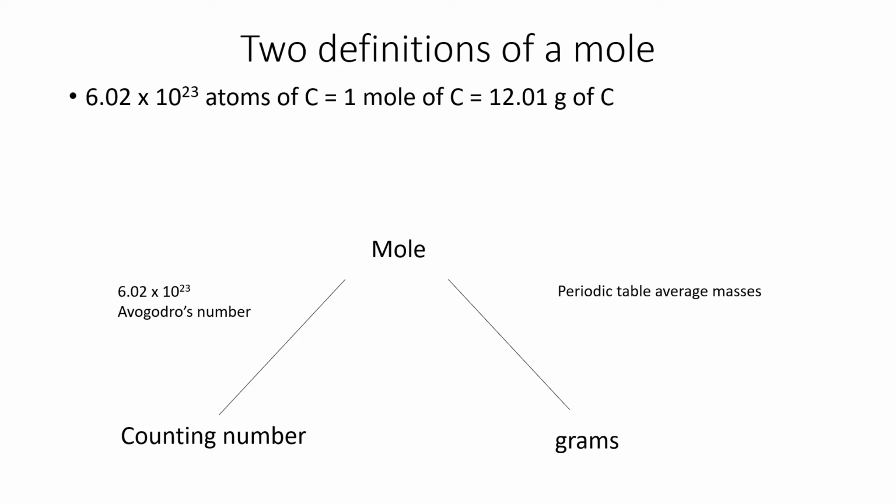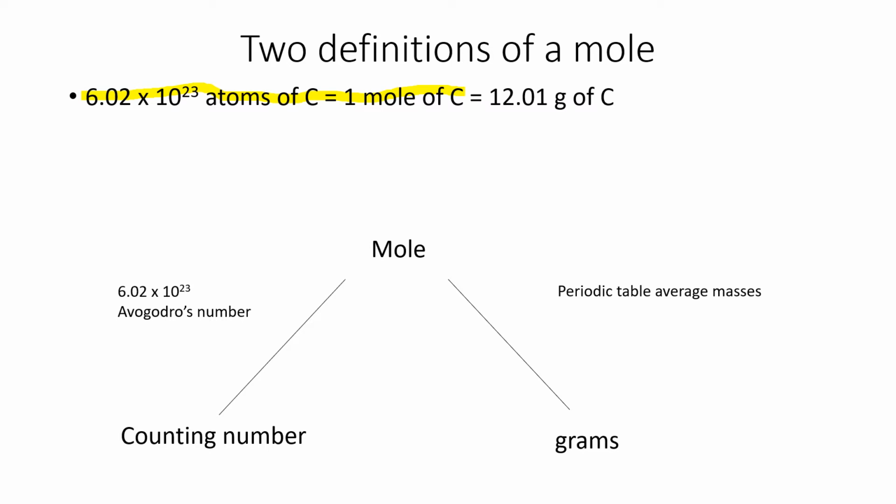So before we get into some example problems, you saw that we had two definitions of a mole. So we had mole as a counting number, 6.02 times 10 to the 23rd atoms of carbon is 1 mole of carbon. That's using that counting number definition.